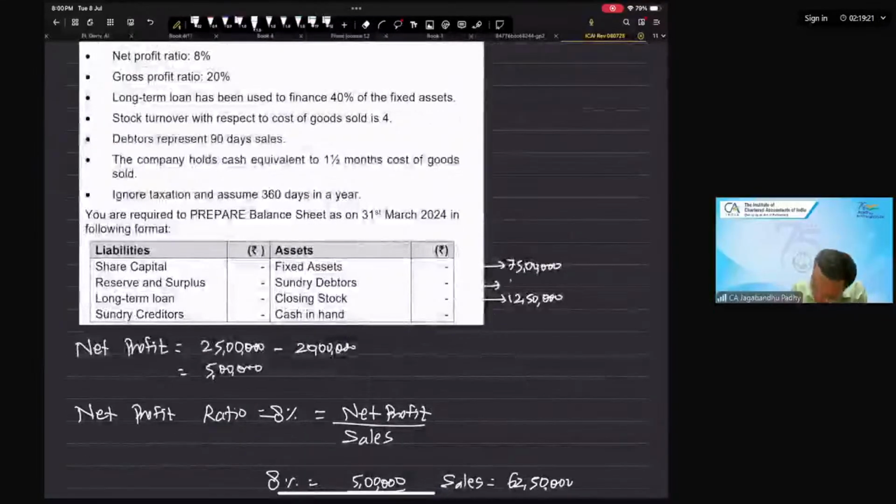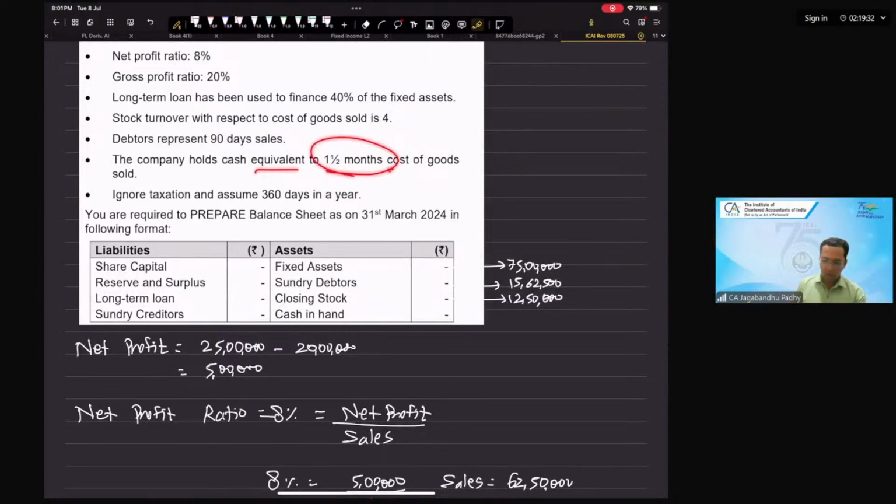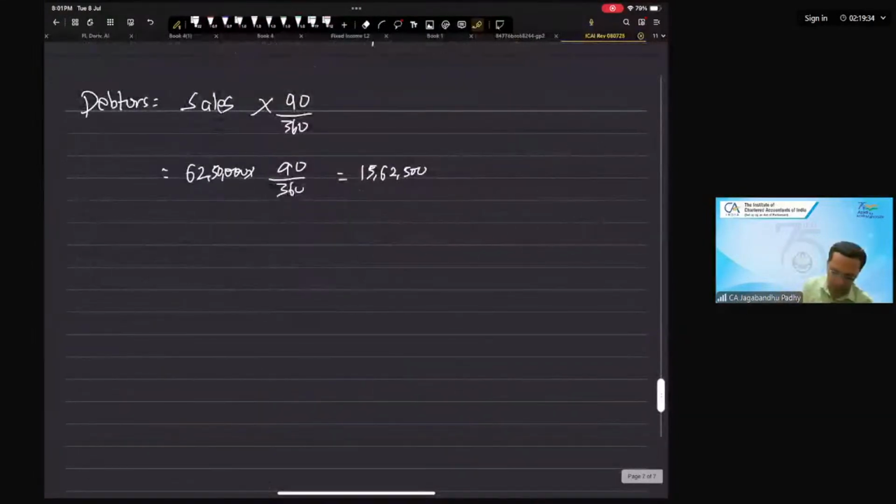15 lakh 62,500. Okay. Then the company holds cash equivalent to 1.5 months of cost of goods sold. So you can get the value of cash also.